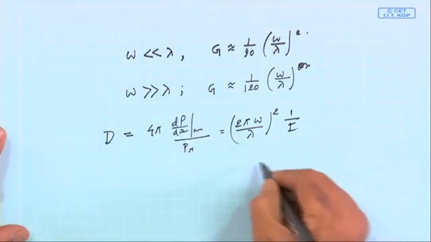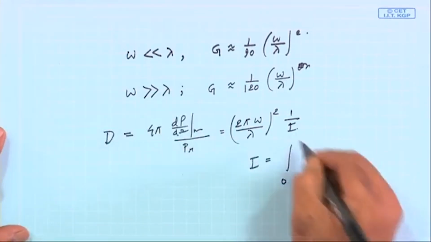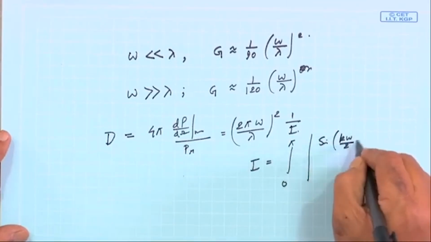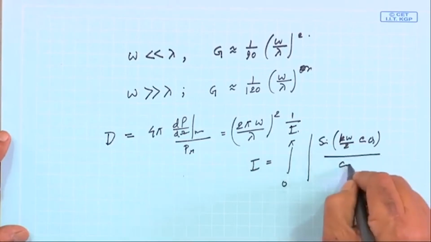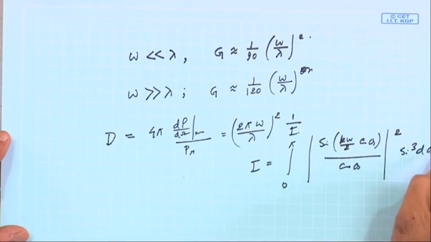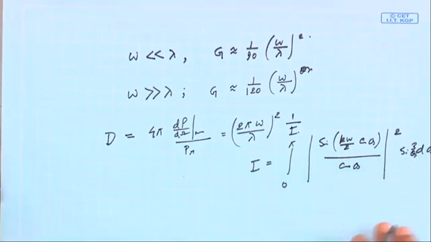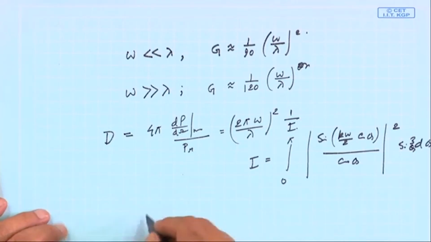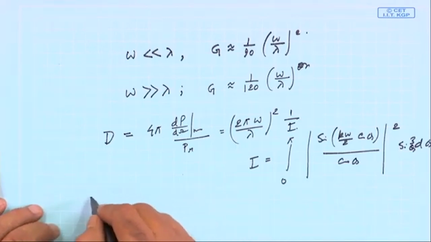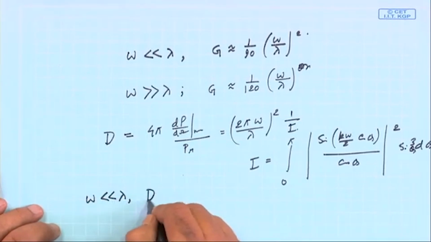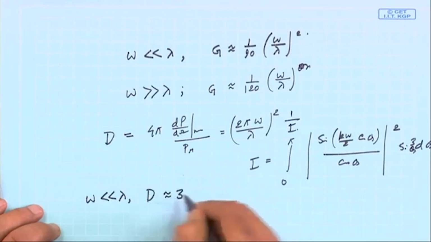So, that I is the integral from 0 to pi of sin(k W by 2 cos theta) by cos theta, whole square, into sin cube theta d theta. So, basically ultimately it reduces to this: if you have W less than lambda, then D is something like 3.